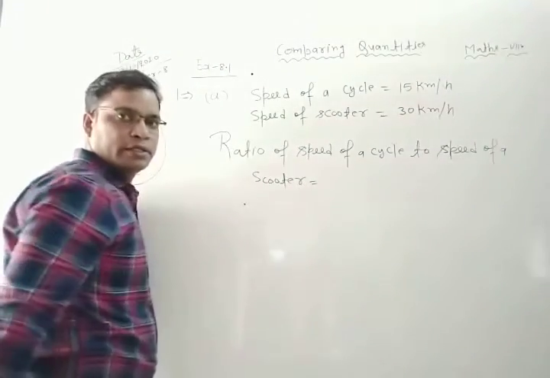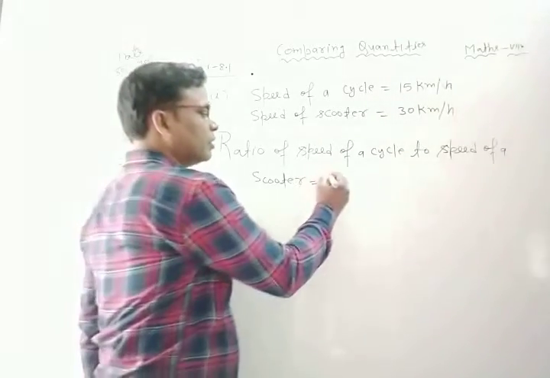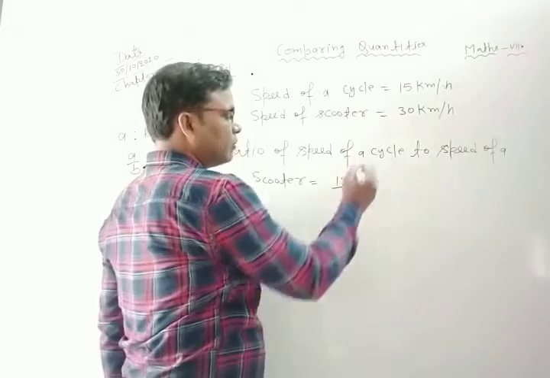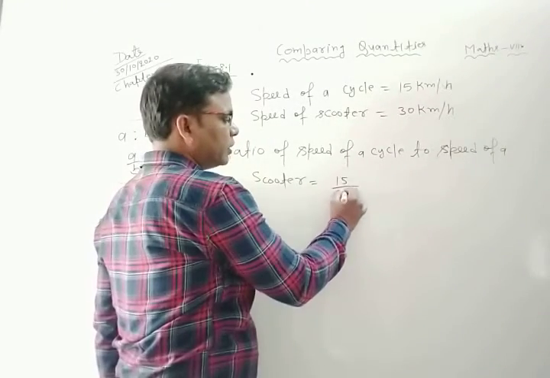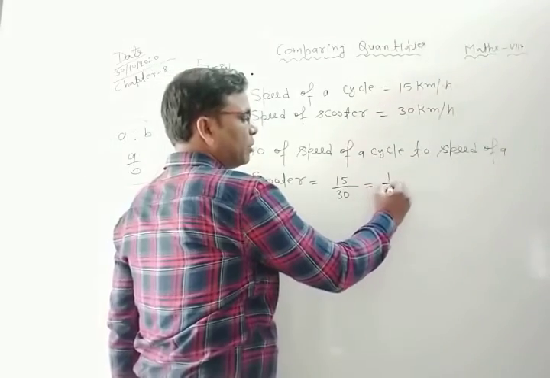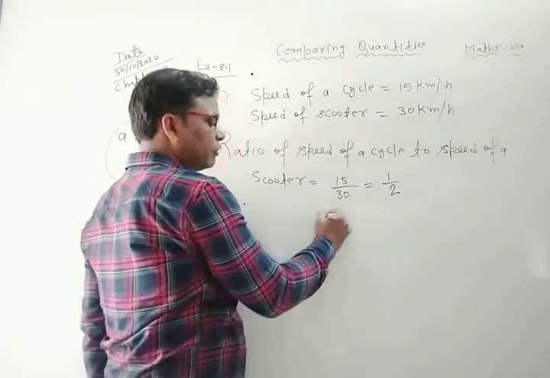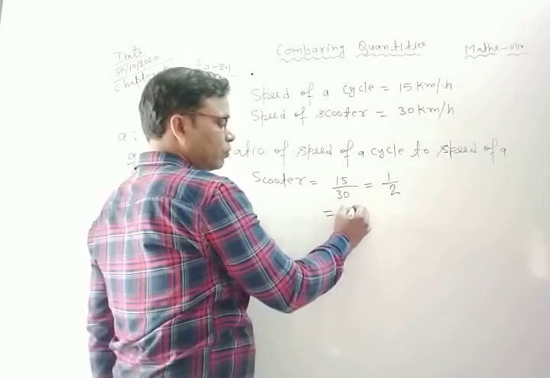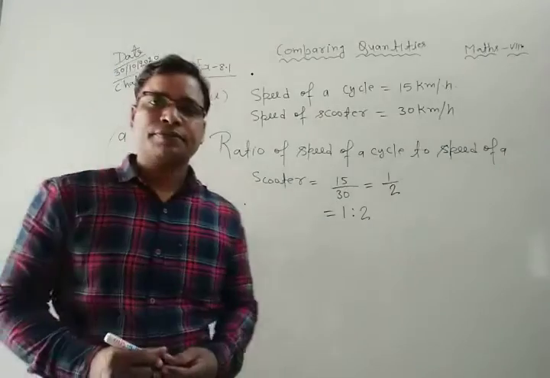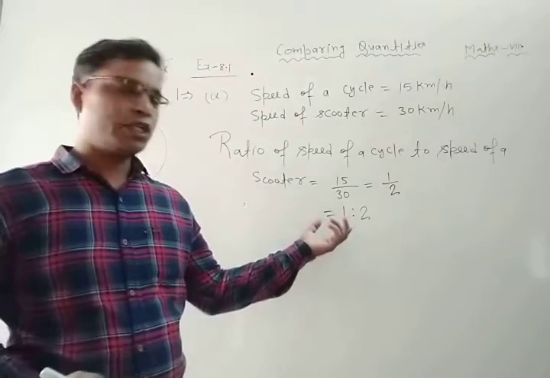This is equal to what? Speed of cycle is given here 15 km per hour and speed of scooter is 30. So you can write 15 to 30, and cancelling 15, you get 1 by 2, which is 1 ratio 2. Clear? 1 by 2 is equal to 1 ratio 2.